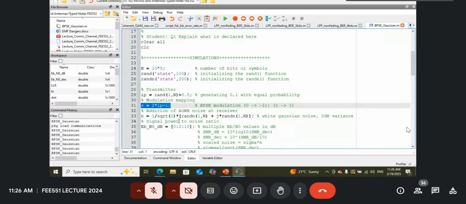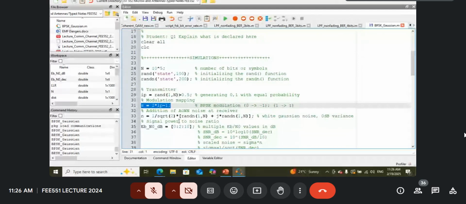Yes, for a 0 input it is -1, and for a 1 input, it's a 1. So you see, that's the modulation that we have here. We have decided to do it like that, so there's no big deal.